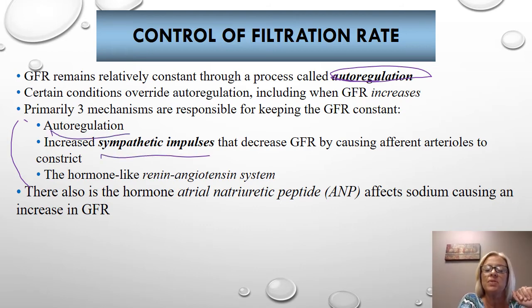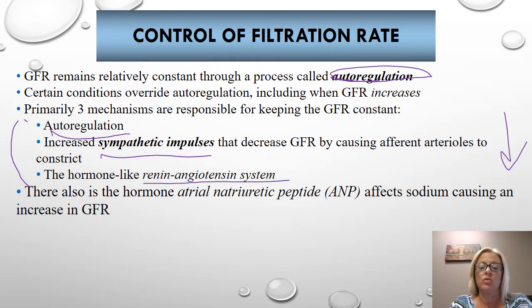Autoregulation, sympathetic activity that can decrease GFR by causing the afferent arterioles to vasoconstrict, all right? And then we have the renin-angiotensin system, which you've heard me talk about. Sometimes I say renin-aldosterone angiotensin system, okay?